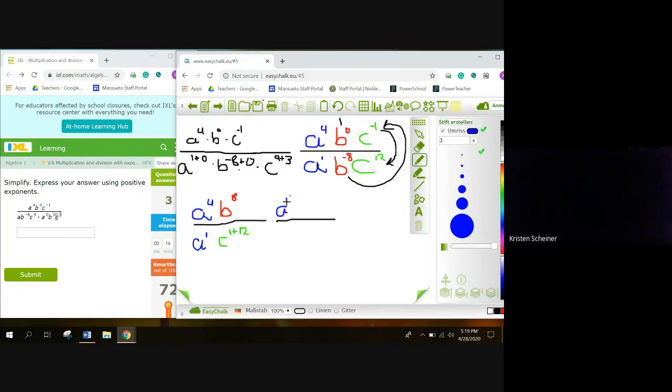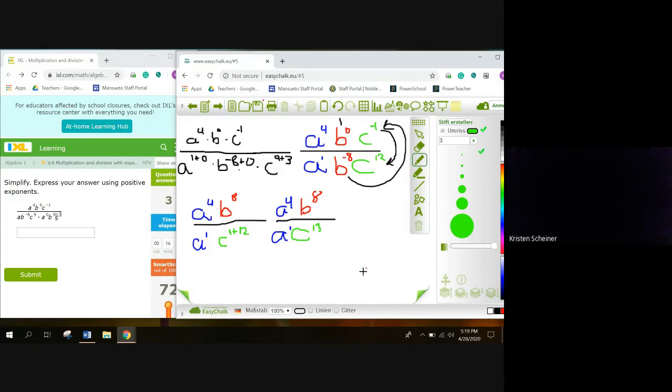A to the 4th power, B to the 8th power, A to the 1st power, and when we add 1 plus 12, we get C to the 13th power.